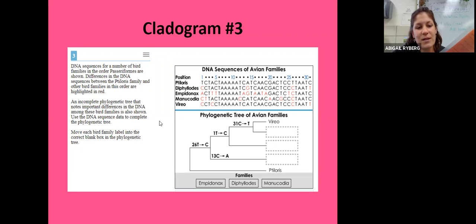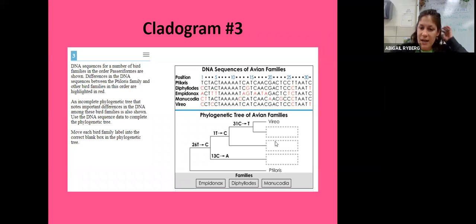Use the DNA sequence data to complete the phylogenetic tree. Move each bird family label into the correct blank box in the phylogenetic tree, which tells me, first of all, there must be only one correct answer, since it didn't specify otherwise. And it did tell you that on the real AP test, you will be clicking and dragging these little names.